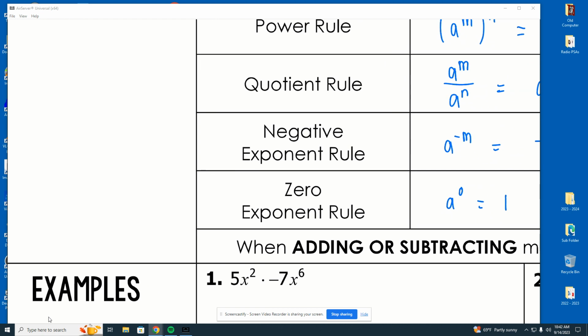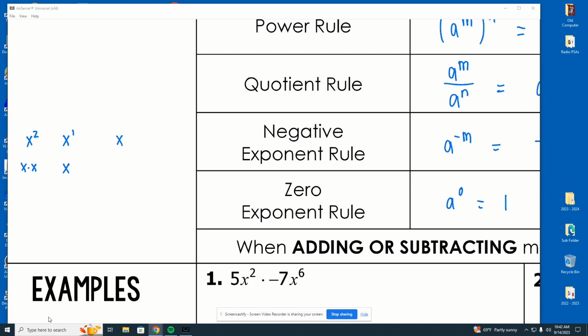Someone tell me, what does x squared mean? It means x times x, right? Guys, what does just x to the first or x mean? It just means x.